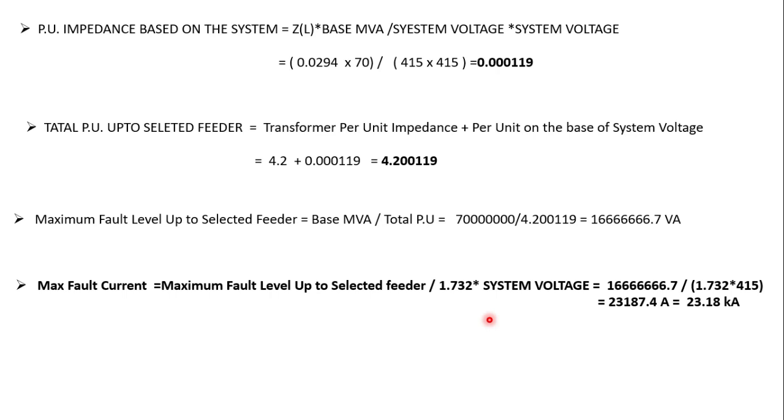Because in case of a fault, this much current will definitely flow through the circuits, so we have to protect the circuit using switchgear like an air circuit breaker and earthing equipment. So I hope you understand how to calculate the maximum fault current considering the cable length by using the per unit impedance calculation method.